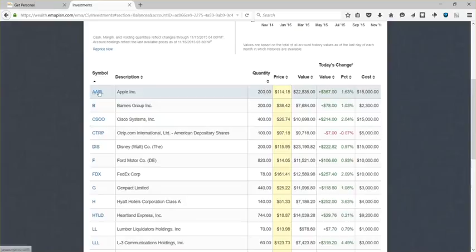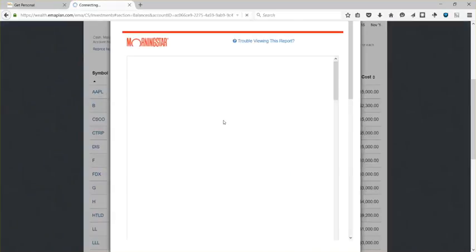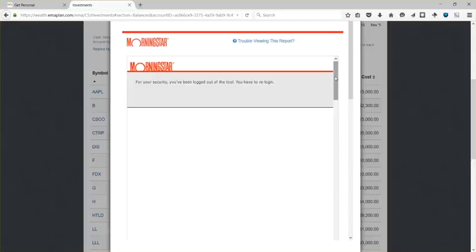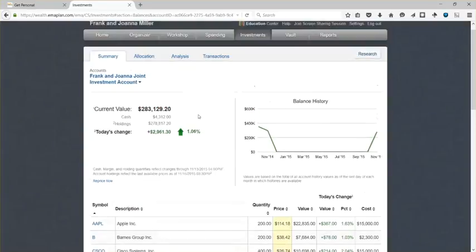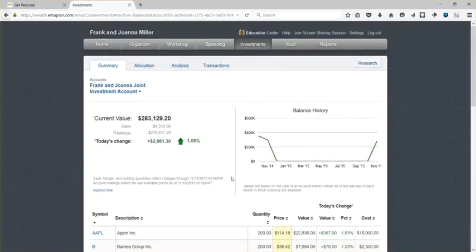holdings, and we can look at any of the holdings and get a Morningstar report on them, which is, sorry, running a little slow because of the length of time that I've been logged in here and because I've got a recorder running. But normally that would come up with a Morningstar report.